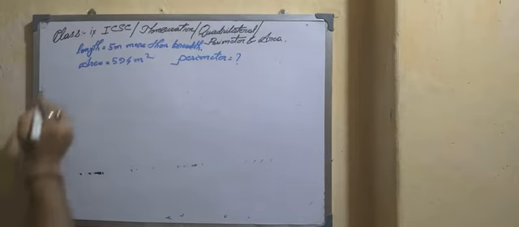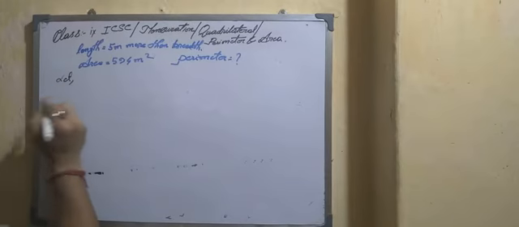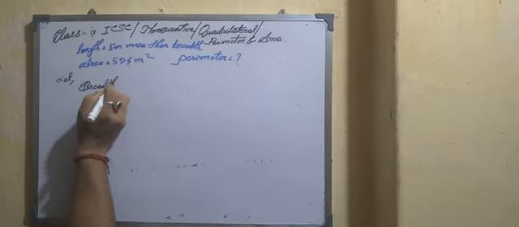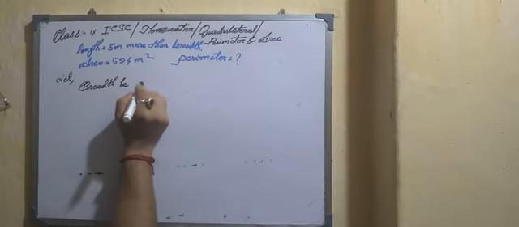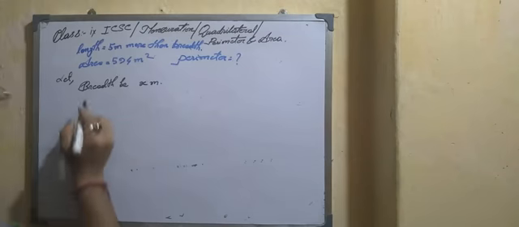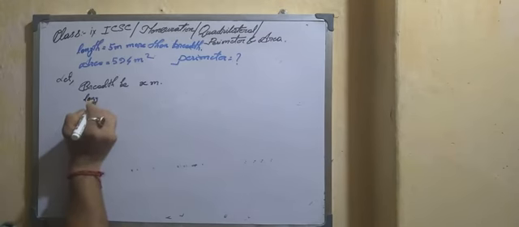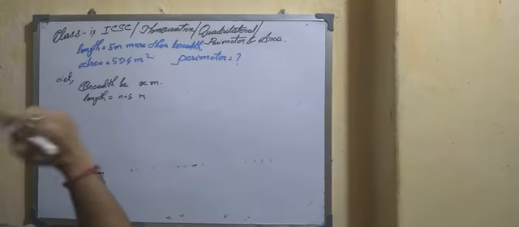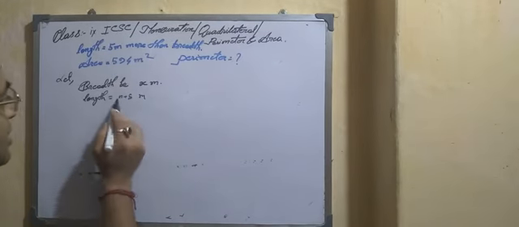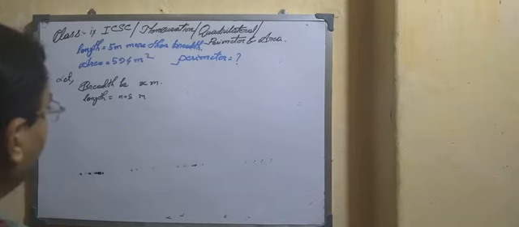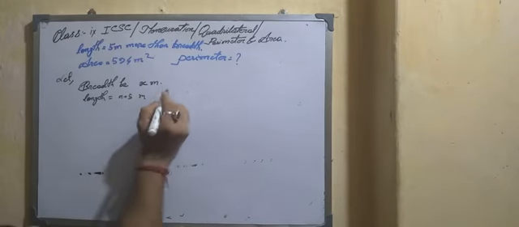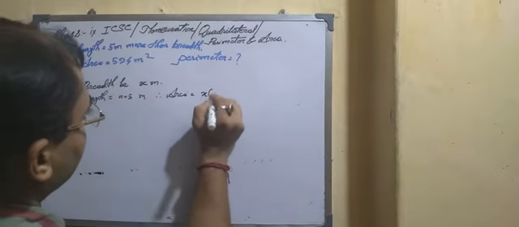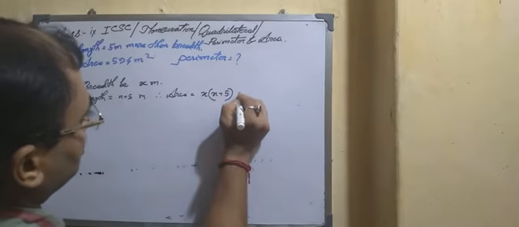Okay, now let breadth be x meter, then length equal to x plus 5 meter, because length is 5 meter more than breadth. Now therefore area equal to length into breadth meter square.